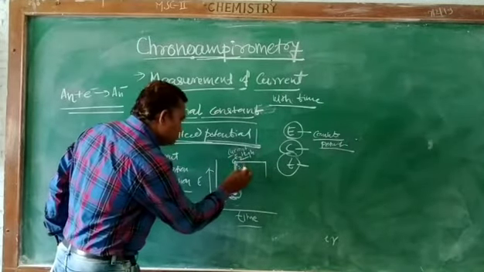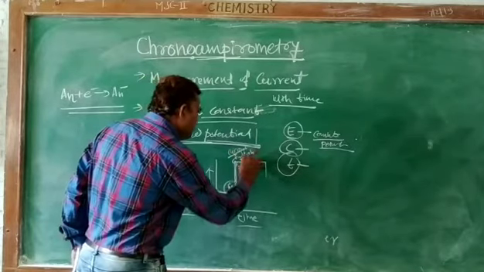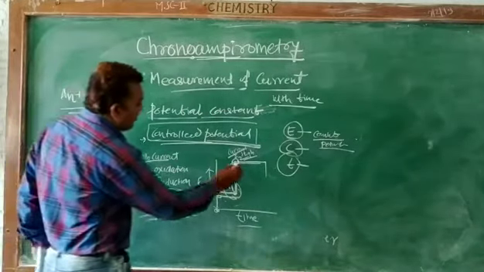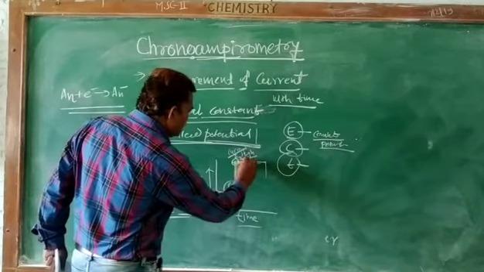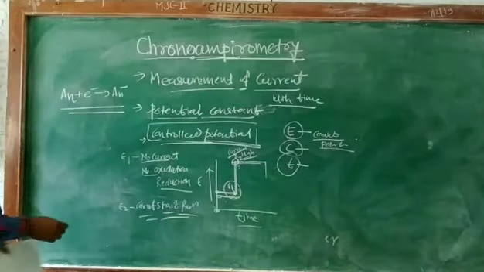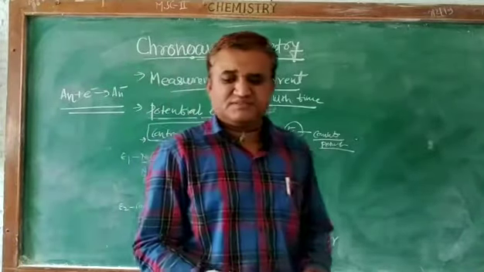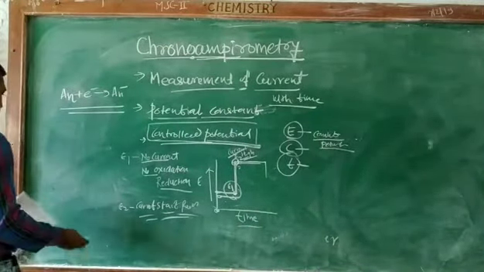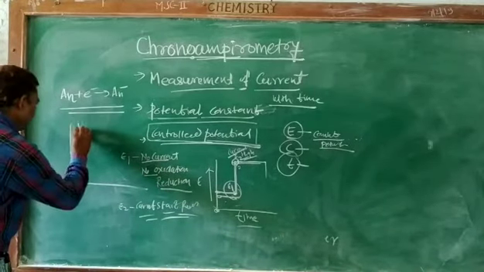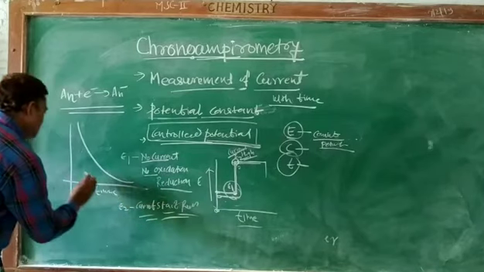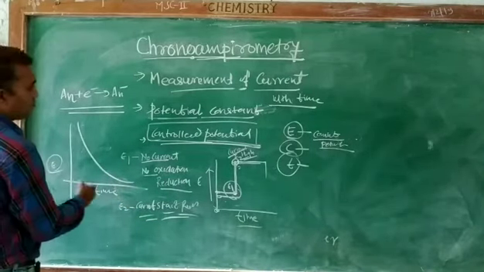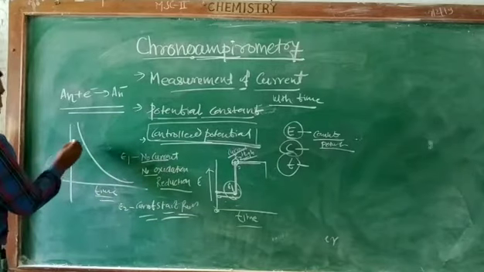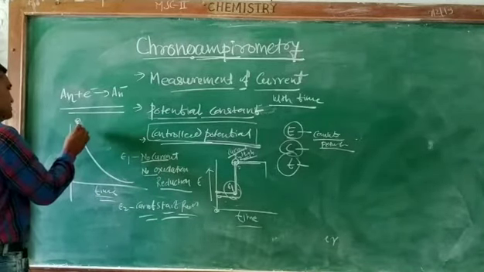From point E1 to E2, the current is very high, as the reduction of our substance starts. In chronoamperometry, here is current with respect to time.